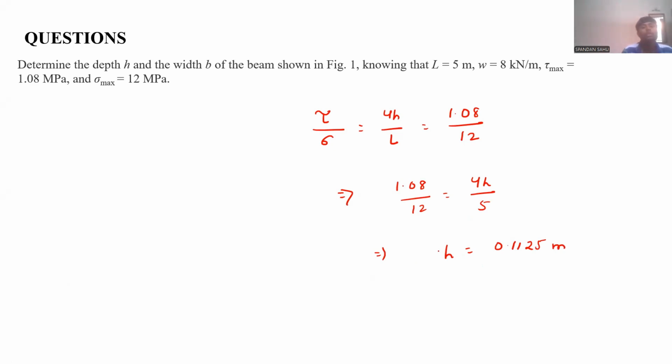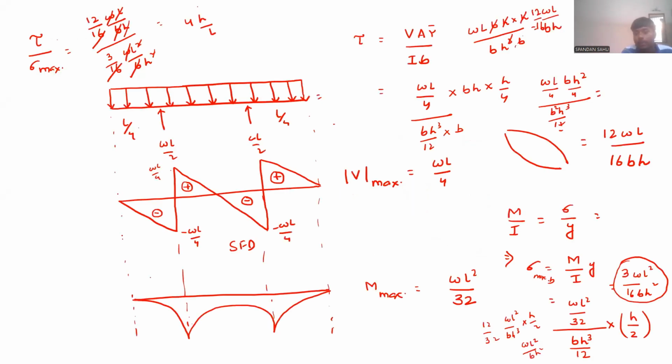So determine the depth H and width B. One part we have calculated, that is the depth h. Now we have to calculate the width b.